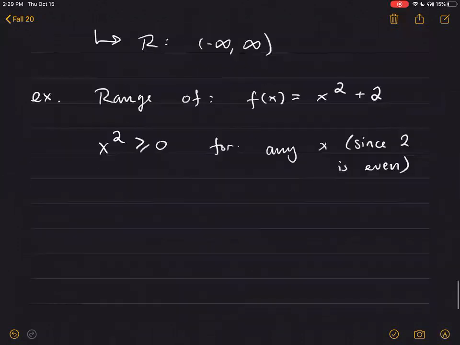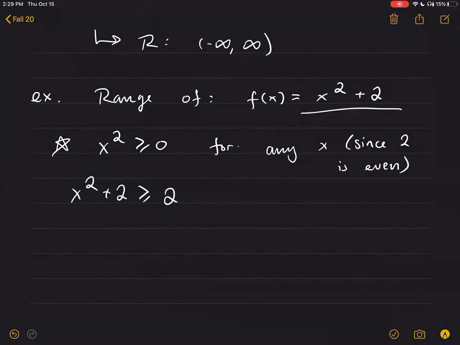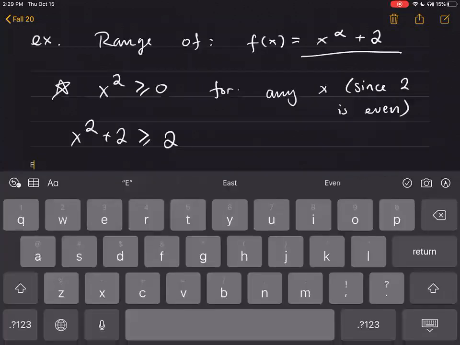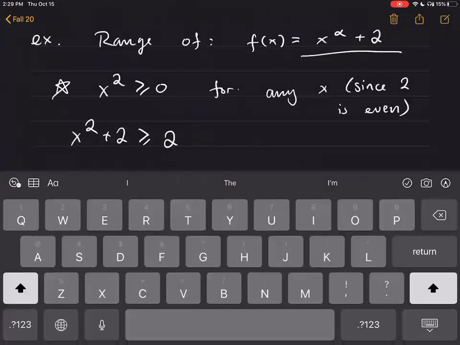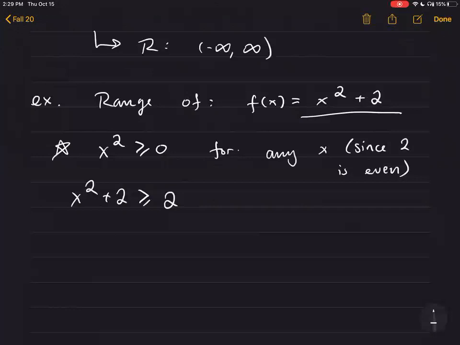And so if we add 2 to both sides of this inequality, we get x squared plus 2 is greater than or equal to 2. x squared plus 2 is our function. So we know that f of x is always going to be greater than or equal to 2. So the range is going to be 2 to infinity.